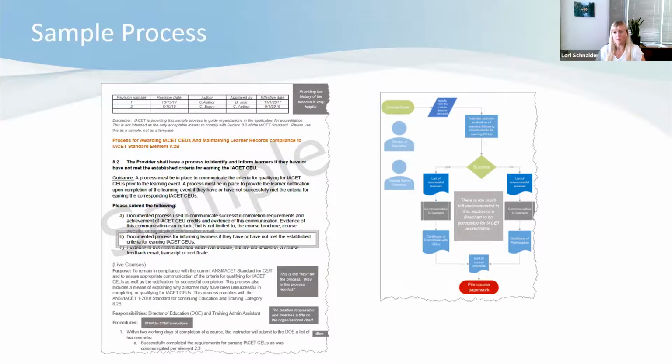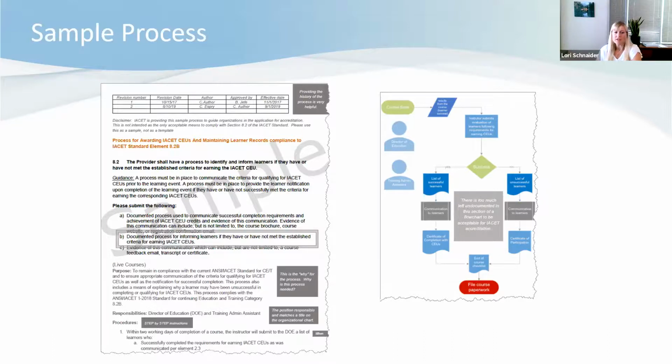It would not be best practice to submit only a flowchart to show the documented process for the application to the accreditation standard. The flowchart can be the overview and provide the necessary steps or boxes, and then detail them in a more narrative style of document.